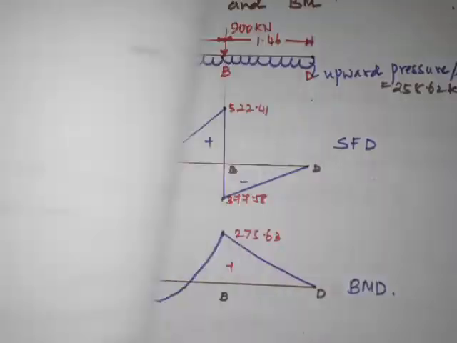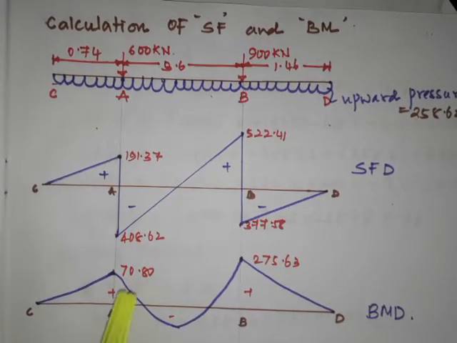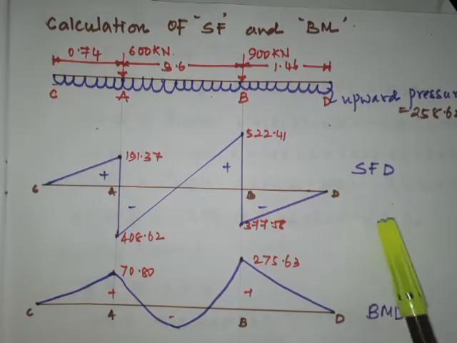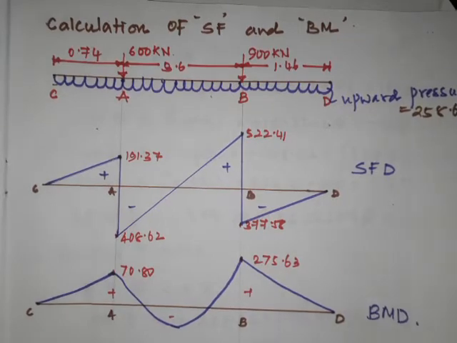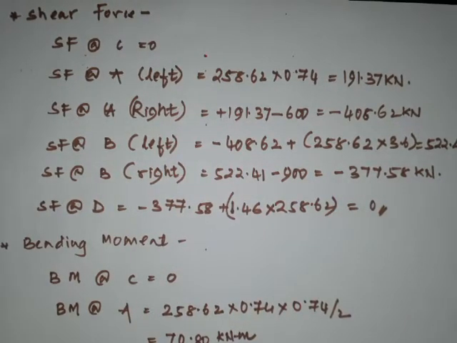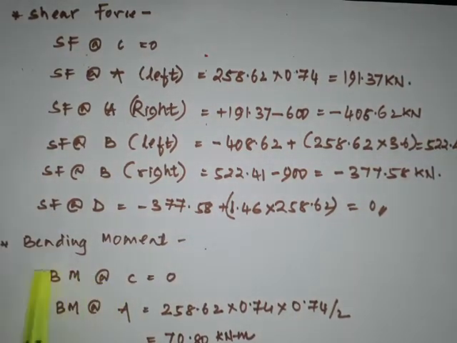We also discussed the shear force distribution and the bending moment distribution of the combined footing. Then we calculated the values for the shear force, and after that we discussed the bending moment also.